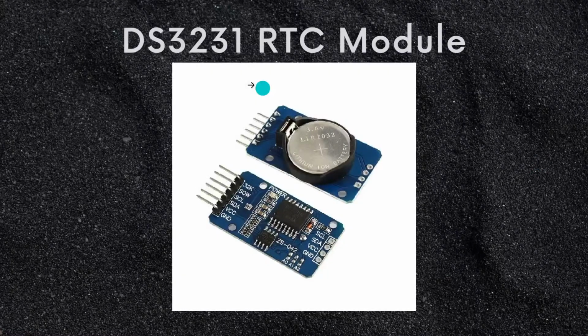So this is our DS3231 RTC module. It is a low cost, accurate I2C real-time clock with an integrated temperature compensated crystal oscillator, which is TCXO, and crystal. The device incorporates a battery input and maintains accurate timekeeping when the main power to the device is interrupted. The RTC maintains seconds, minutes, hours, day, date, month and year information.